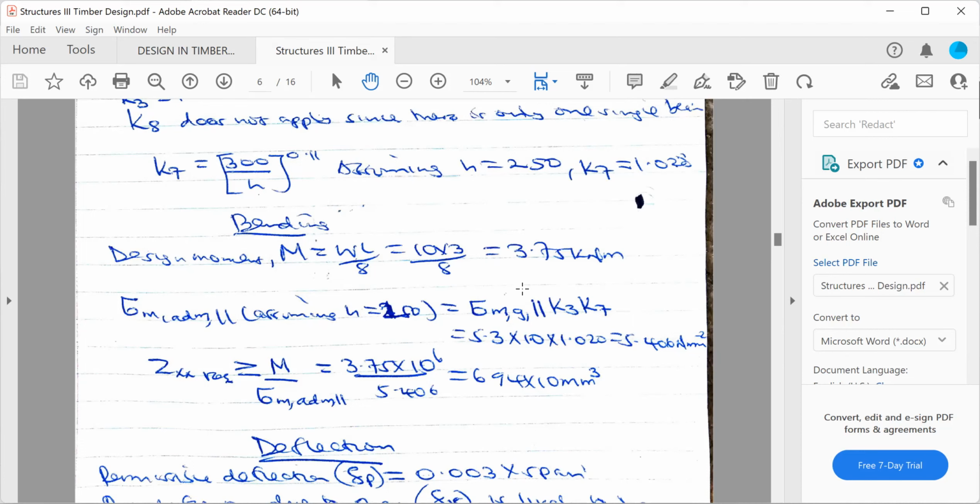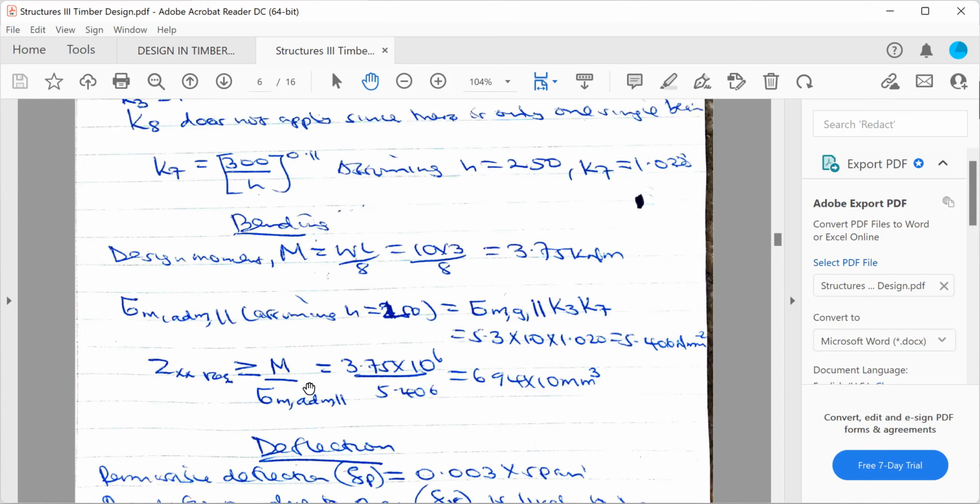Now, remember we said we have design moment and moment capacity or moment of resistance. Moment of resistance is the capacity, the moment the timber section can carry without failure. We know that moment capacity is given as a product of permissible bending stress parallel to the grain multiplied by the section modulus.